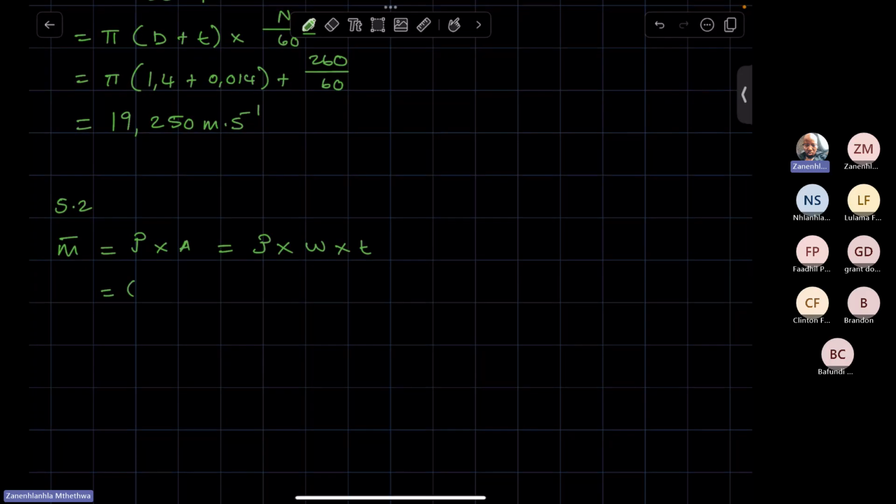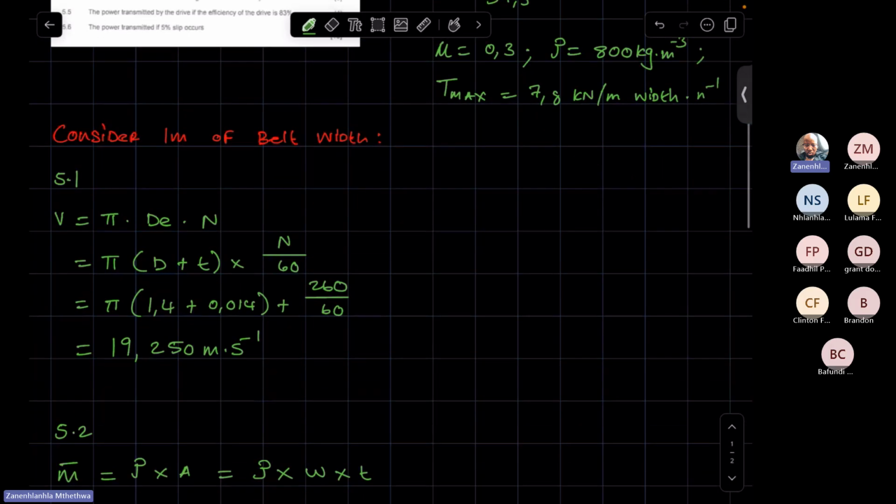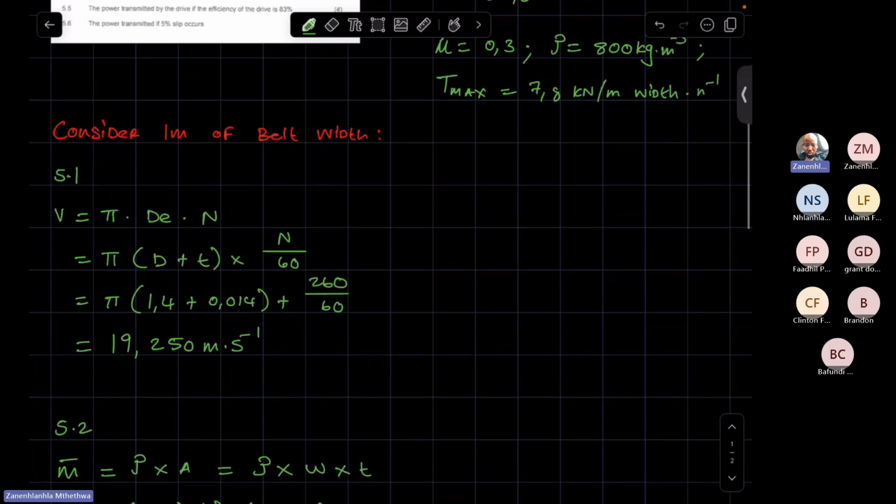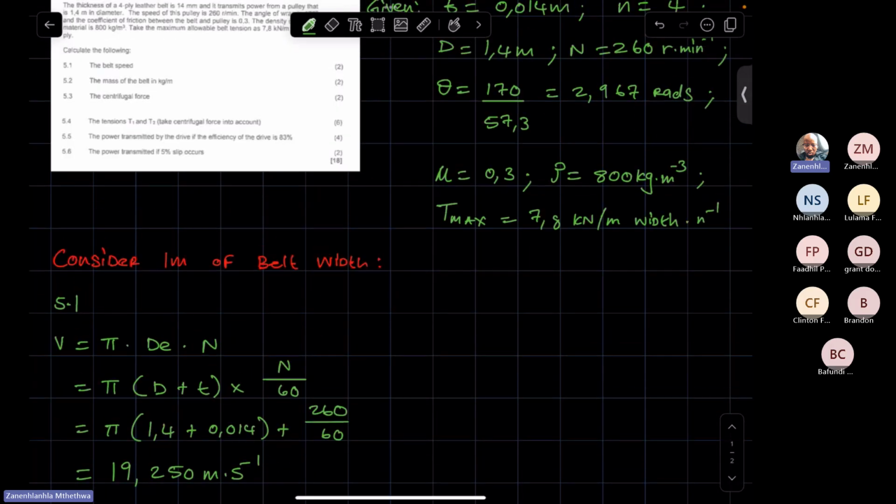Rho is 800. Remember, we are considering just 1 meter of belt width. The thickness of the belt is 0,014. So punching this into your calculators, you should get 11,2 kilograms per meter. And that becomes the mass of the belt.